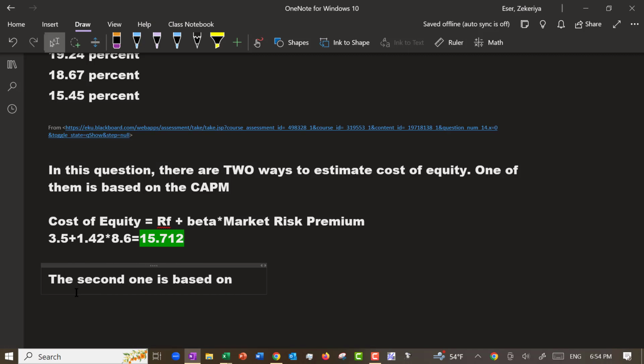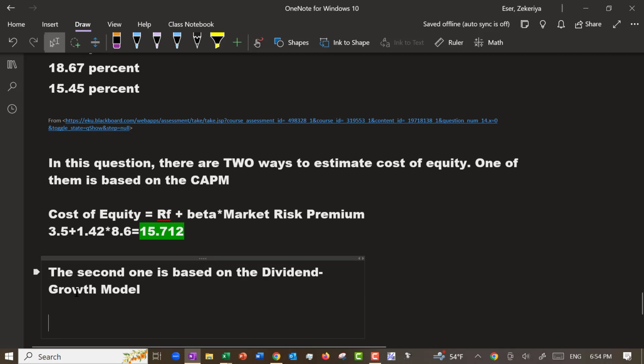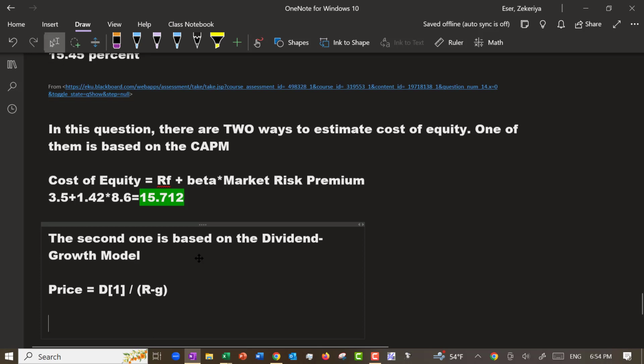Second one is based on the dividend growth model, where price equals next year's dividend divided by R minus G, or R equals G plus the dividend yield: expected dividend next year divided by price.